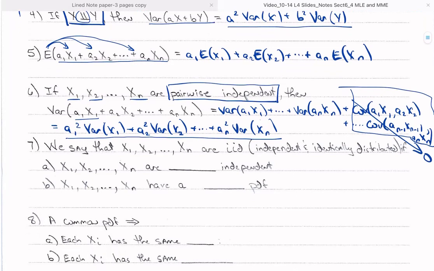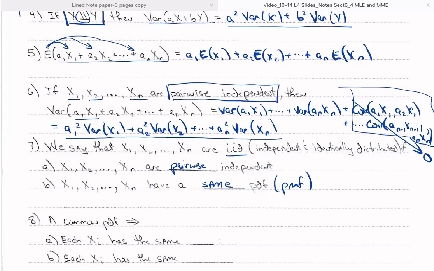So we say that x1, x2, up to xn are IID, independent and identically distributed, if x1, x2, up to xn are pairwise independent, and x1, x2, up to xn have the same PDF or PMF if they're discrete.